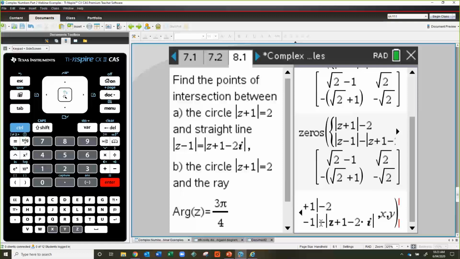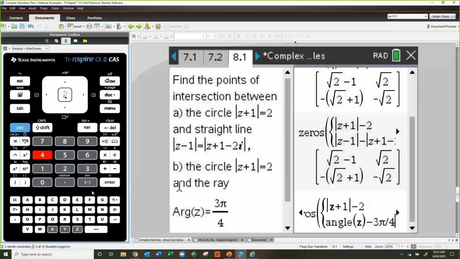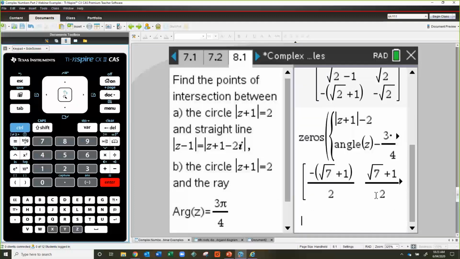It doesn't display very well, but I need to delete here and put a ray, which, as you remember, is the angle of z, and it has to be on the left-hand side, so minus 3 pi on 4, and enter, and that gives me the exact value of the point of intersection when the circle is cut by the ray.